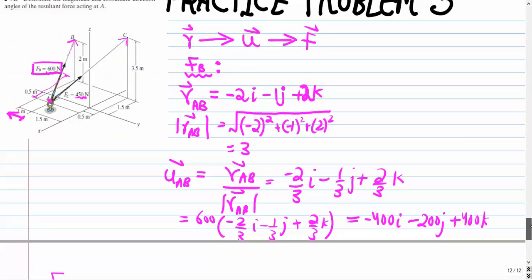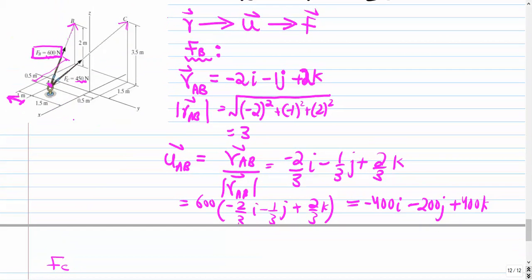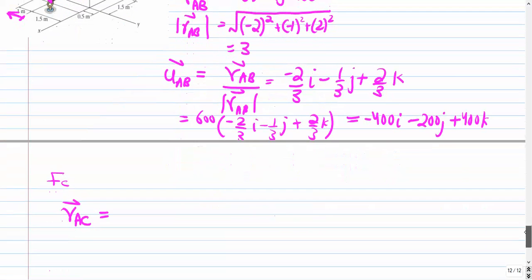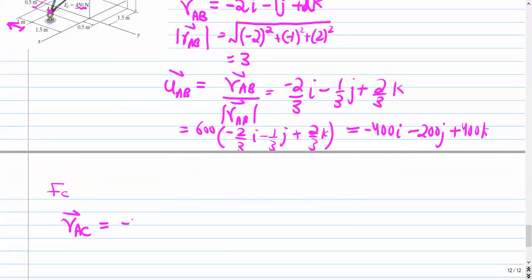So first of all, we need to find the length vector from the point A to the point C. From the diagram, we can see that this vector travels 2 meters in the negative x direction. So we're going to have negative 2i.